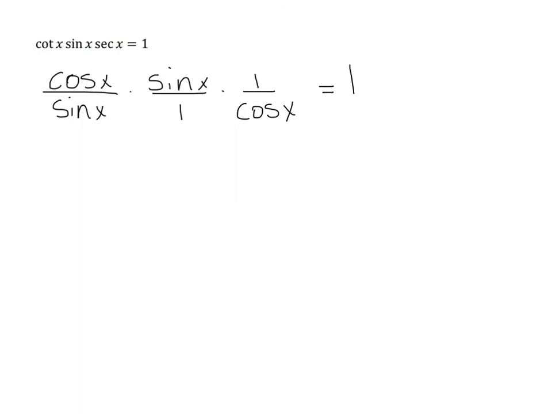Remember that when you multiply all your numerators and all your denominators, you can cancel anything that shows up in the numerator and denominator. We can do this because we are multiplying. If these were plus signs, we would not be able to do that. Remember that as you're working through these. So sine cancels, cosine cancels, and we are left with 1 is equal to 1, so this checks.